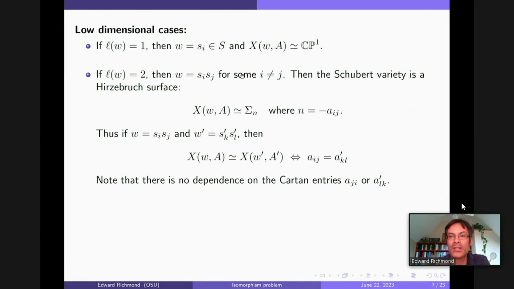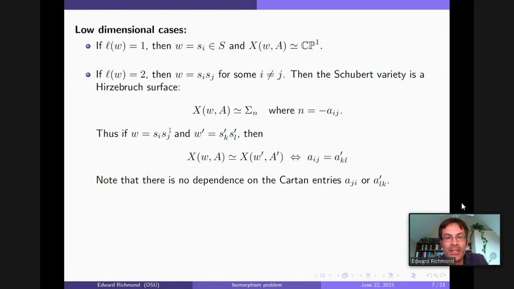Things get more interesting when you go to two-dimensional Schubert varieties. Here, W is going to be equal to some product of two simple reflections, Si times Sj, where i and j are not the same. It turns out that Schubert varieties in this case are just Hirzebruch surfaces. So they're smooth varieties.